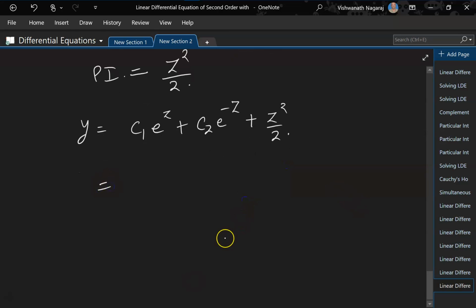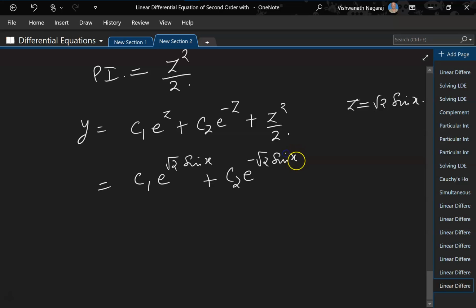Okay, now remember our solution has to be in terms of x. So c1 e to the power of z is equal to what? Remember, z is equal to root 2 sine x. So this becomes c1 e to the power of root 2 sine x plus c2 e to the power of minus root 2 sine x plus z square would be 2 sine square x.